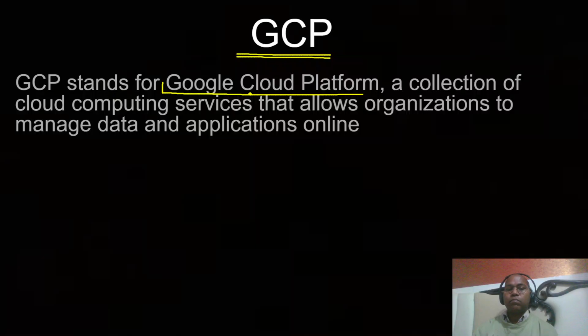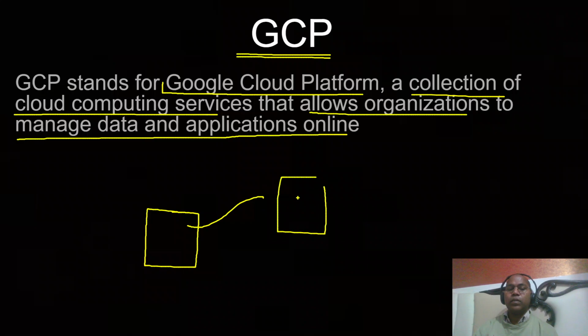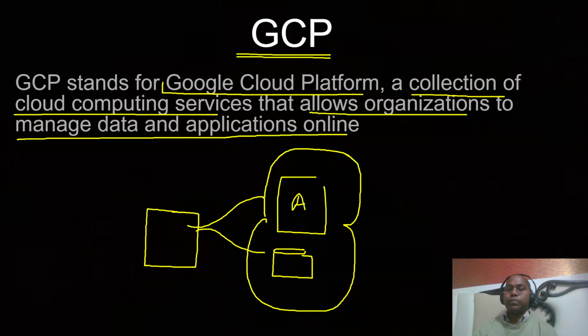So GCP is simply a collection of cloud computing services that allow an organization to manage data and applications online. If any company or software industry wants to manage its applications, and applications also manage some data, database, file system, then the application itself and its corresponding data, everything, you want to manage online.